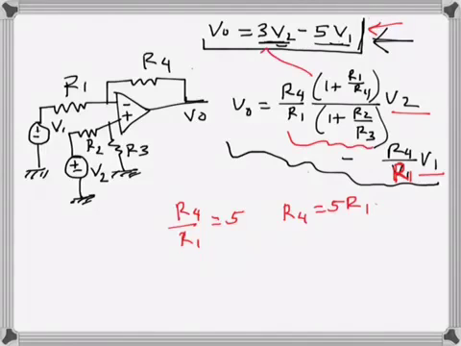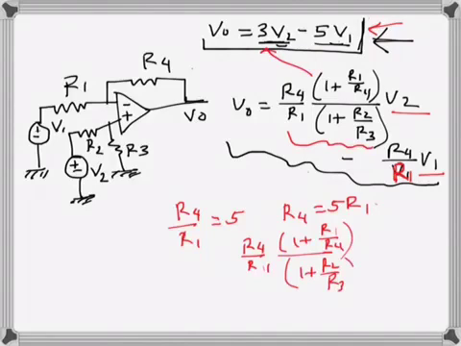This whole expression has to be 3. So you can do that: R4 over R1, times 1 plus R1 over R4, times 1 plus R2 over R3. So this has to be 3.